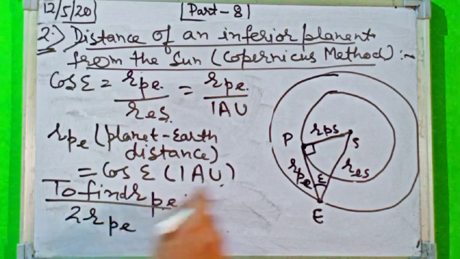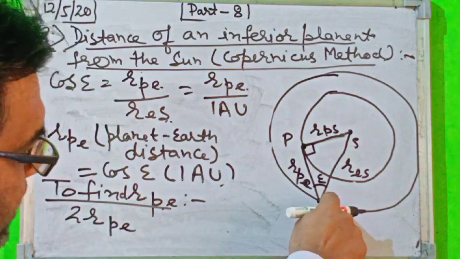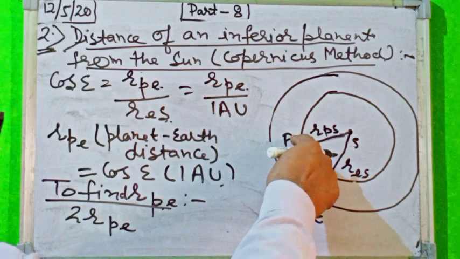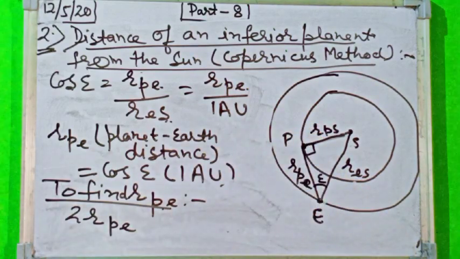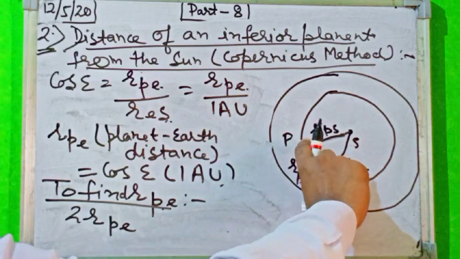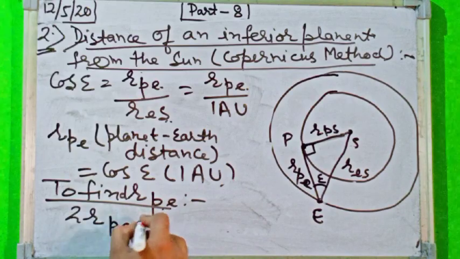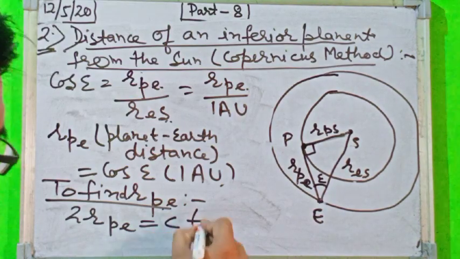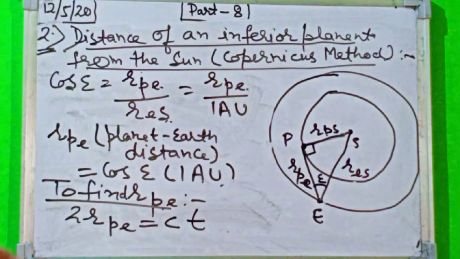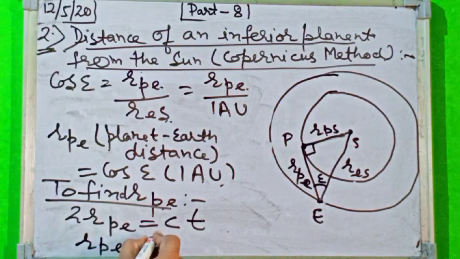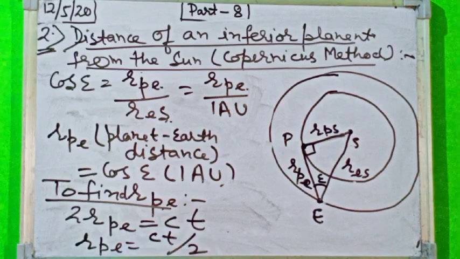With c the velocity of the radio signal and the total time t, RPE is equal to ct upon 2.